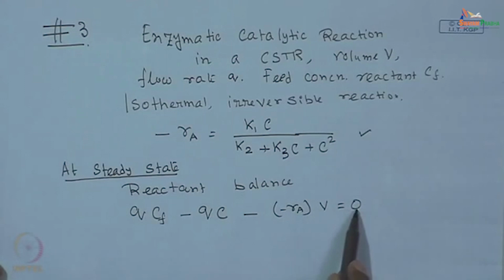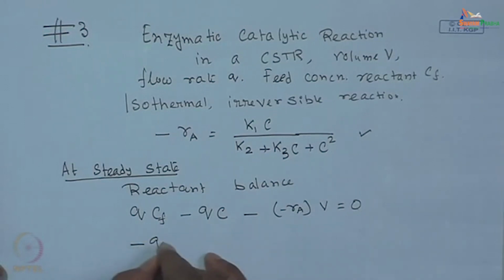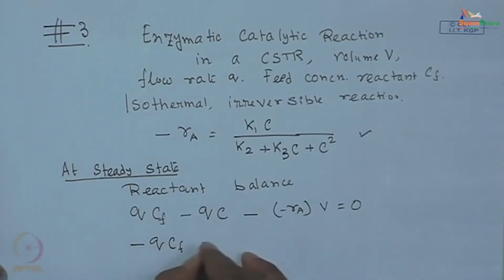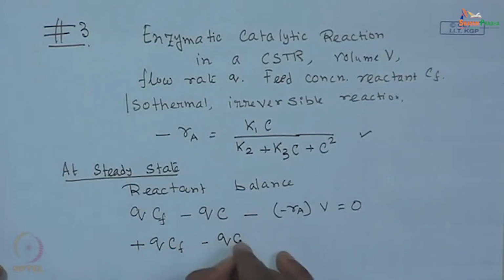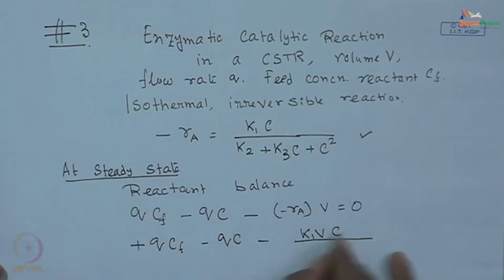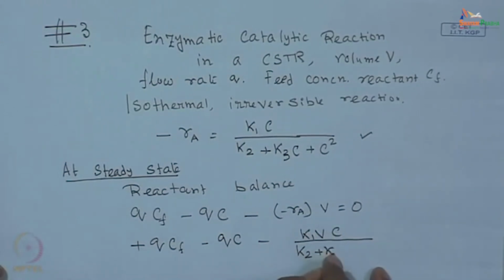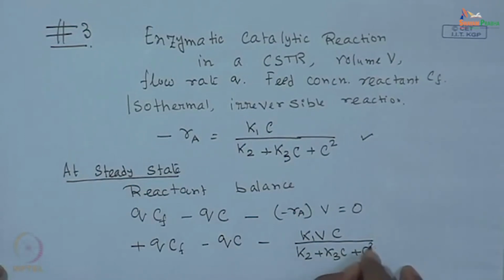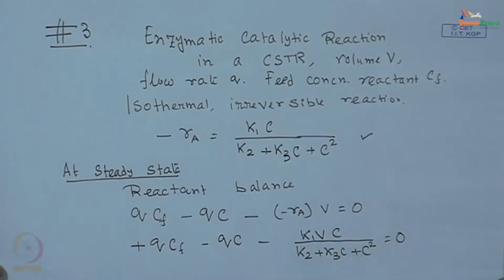At the steady state, rate of accumulation is 0. This is the net mass that is coming into the system, net mass per unit time going out of the system, the amount of material of reactant that is consumed in the reactant volume per unit time. So, we write down the expression of Ra there. So, it becomes plus QCf minus QC minus K1 V times C divided by K2 plus K3C plus C square must be equal to 0.